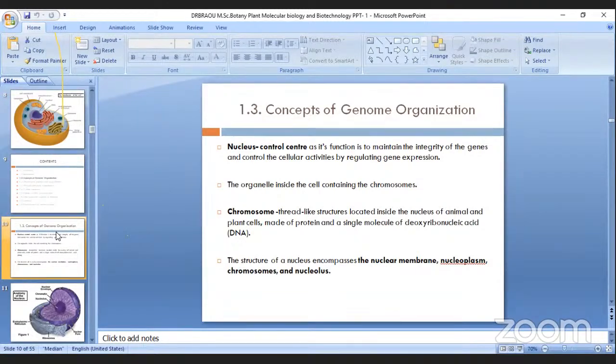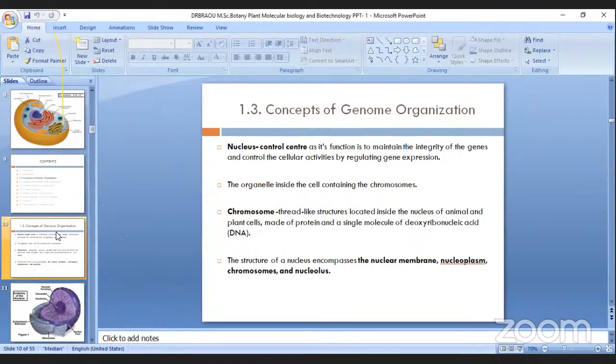Why is it called the control center? Its function is to maintain the integrity of the genes, and it also regulates cellular activities by regulating gene expression. By regulating gene expression, it controls the cell activities. So it is called the control center of the cell.